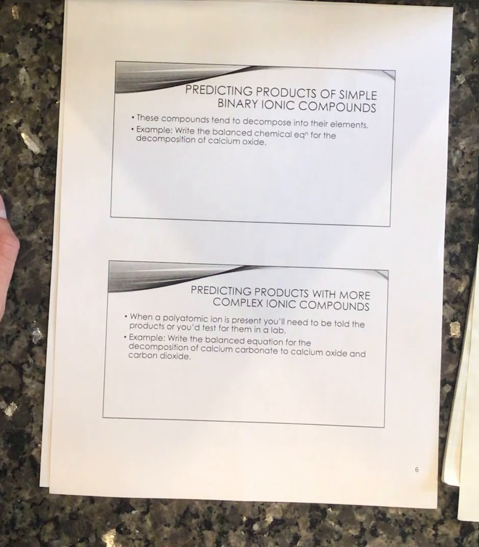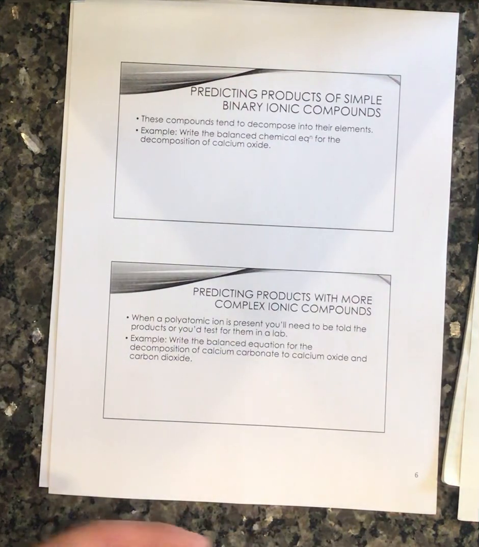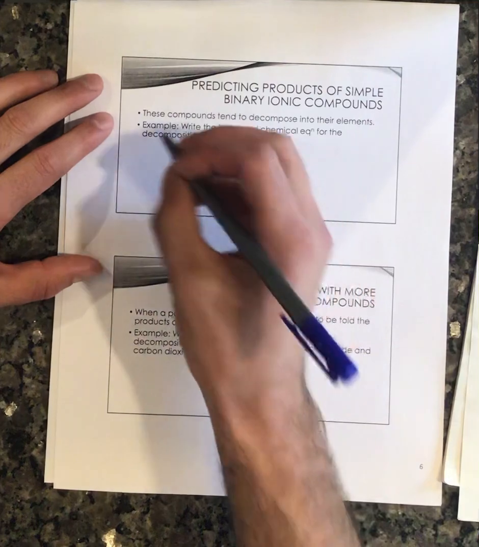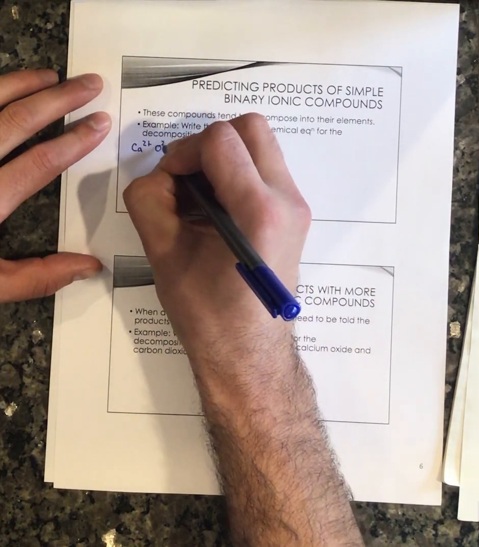So typically in the ones that we're looking at in grade 11, the compounds are going to decompose into their elements. So let's take a look at calcium oxide here. Write the balanced chemical equation for the decomposition of our calcium oxide. So we have Ca, calcium is a 2+, oxygen is a 2-.